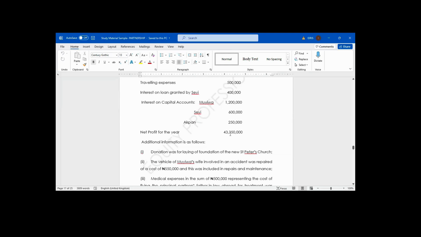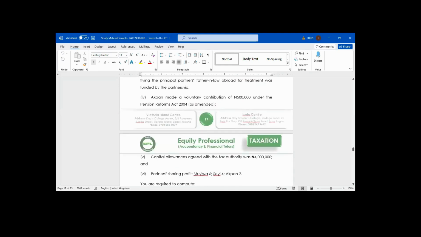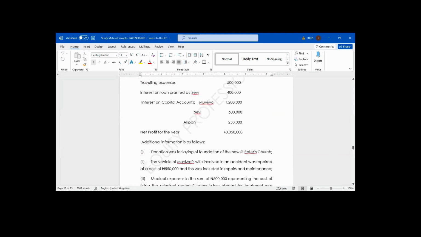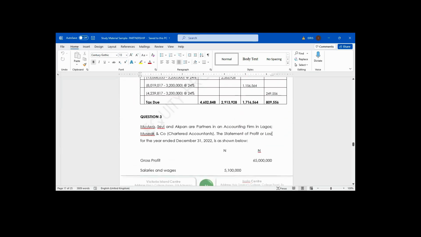Looking at this, if we want to compute the adjusted profit, Music and Co. Chartered Accountants, computation of adjusted profit, for which year of assessment? 2023 year of assessment. The account given to us has a year end of 2022. We normally assess partnership business to tax on the preceding year basis.